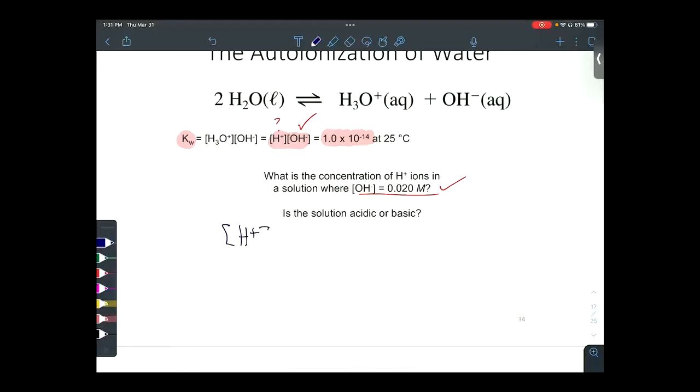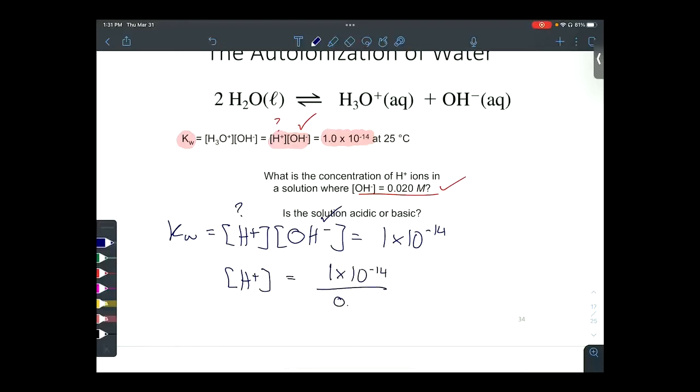So Kw equals H plus concentration times OH minus concentration equals 1 times 10 to the negative 14. Okay, so we want to calculate H plus, and we know OH minus. So we just plug it in. So H plus equals 1 times 10 to the negative 14 over 0.020 molarity. I'll report this to 2 sig figs. So my answer here is, what is it?